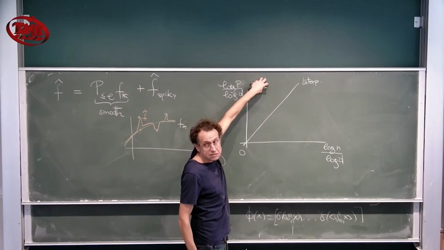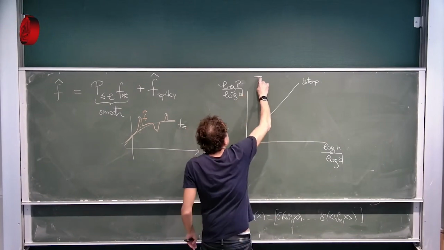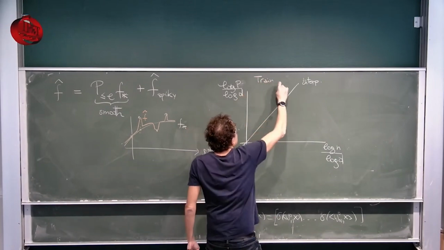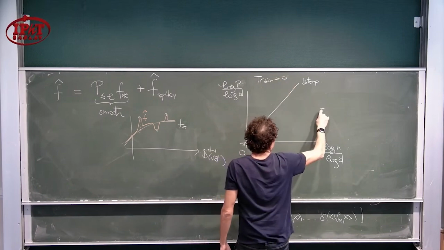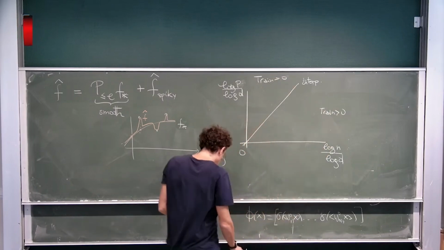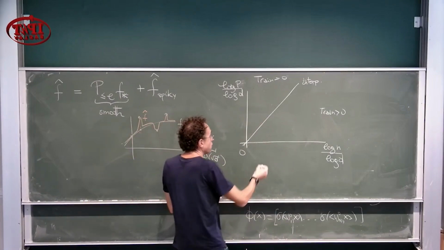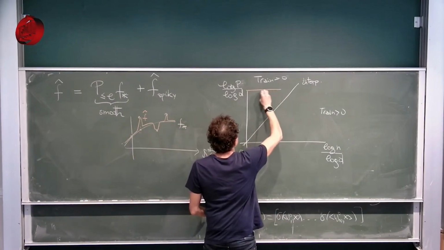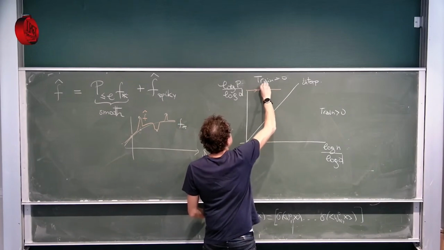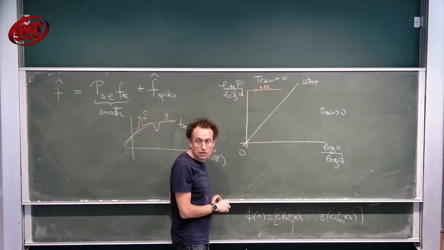Here the train error is 0 if you don't put regularization, and on the other side the train error is positive. And where the kernel method limit is, you have the kernel ridge direction line. It's infinity in this direction.